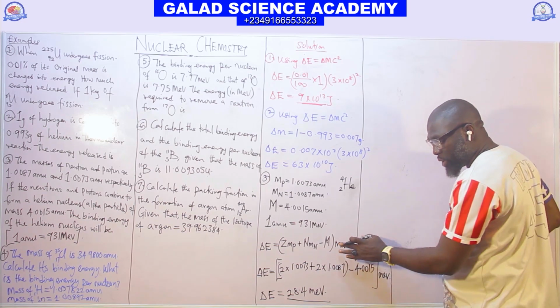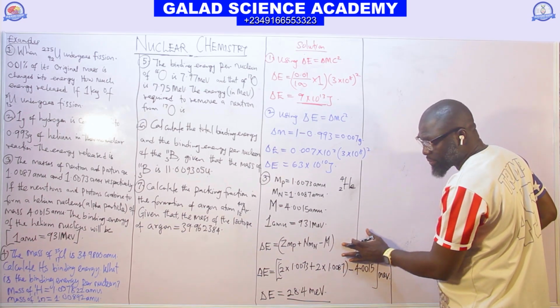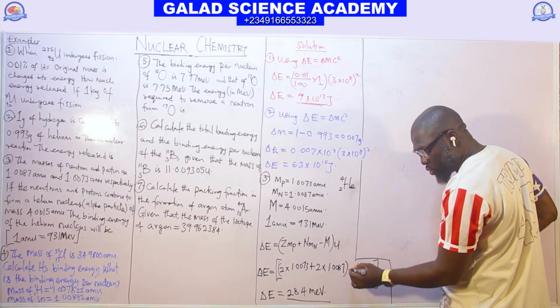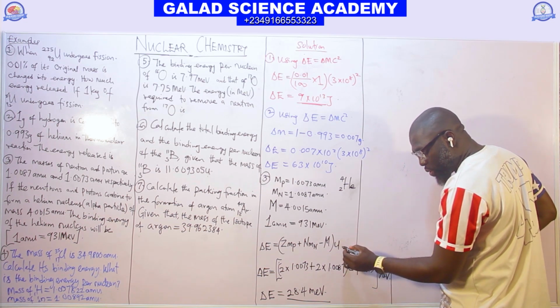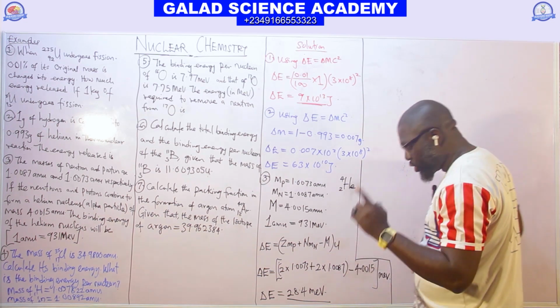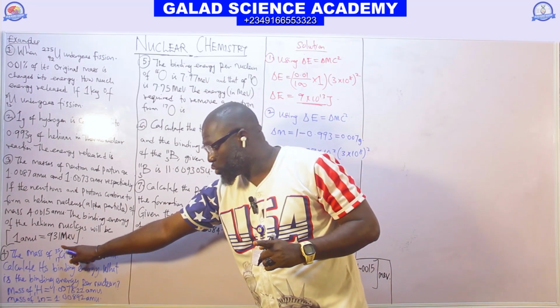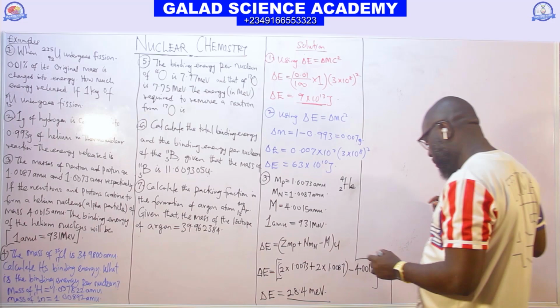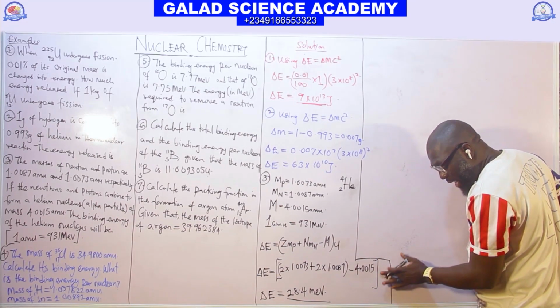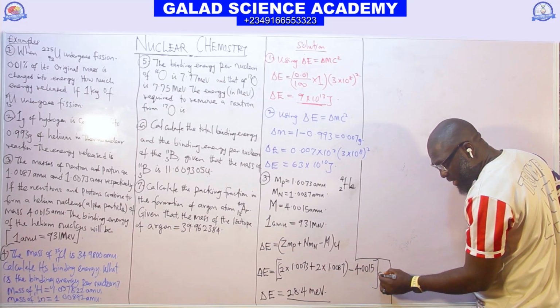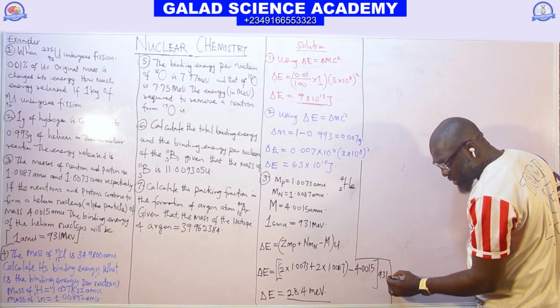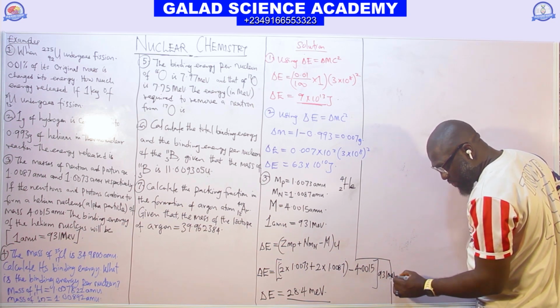So here now, this is in U, and we know that 1 AMU goes to 931 of this. You now multiply it by 931 MeV.